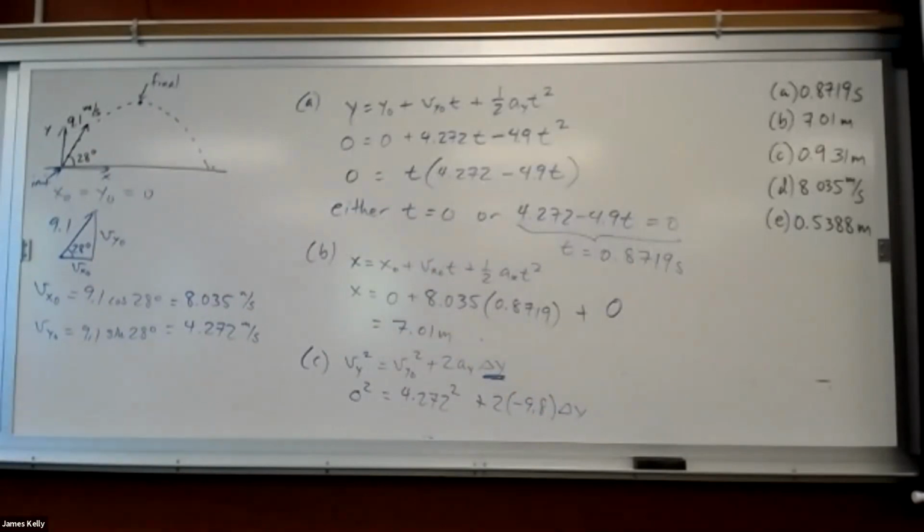Sorry, yeah, 0.931 meters. I thought it was a 9.1, but yes, 0.931. So it doesn't even make it up a meter. I guess it was shot much more horizontally. This does not look like a 28-degree angle. This looks more like a 70-degree angle or something like that. So my drawing's a little bit misleading there.